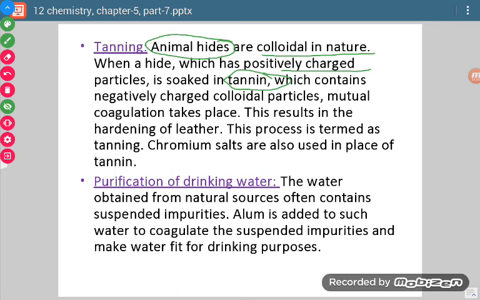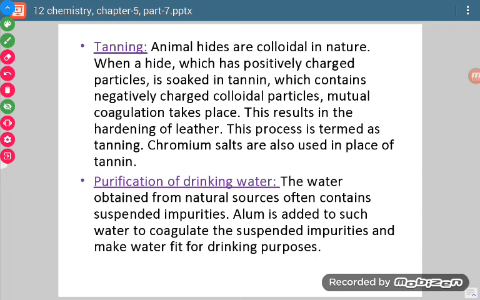Raw leather is soft. When we soak it in the solution of tannin, then what happens, due to the process of coagulation, it becomes hard. Okay. And when we take it out, it is quite hard, and now it can be processed for further leather use. Okay, so this process is called tanning.